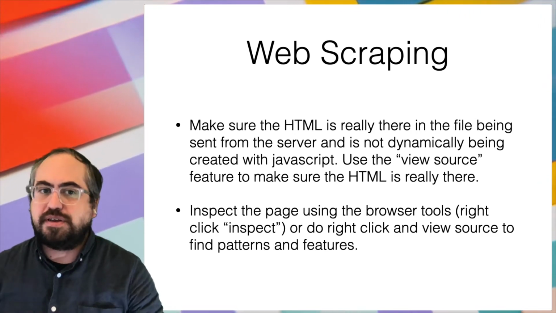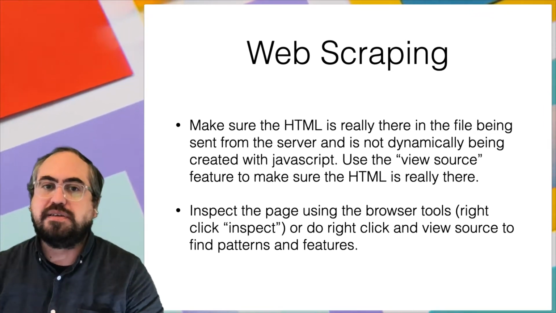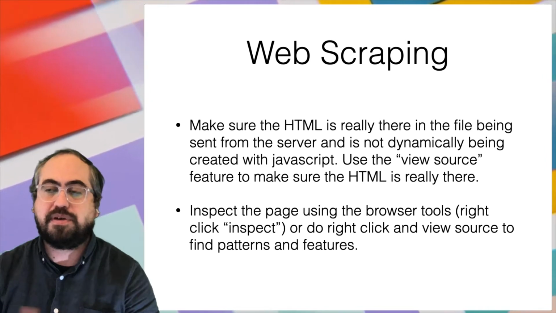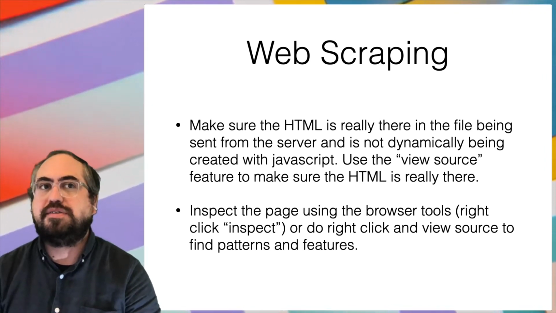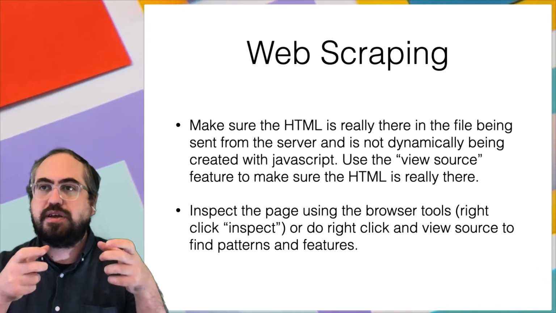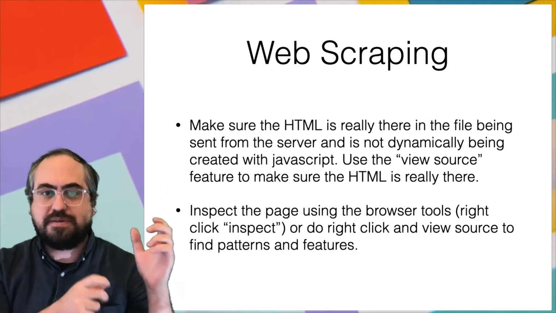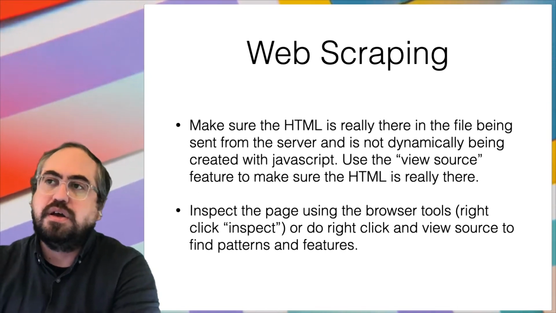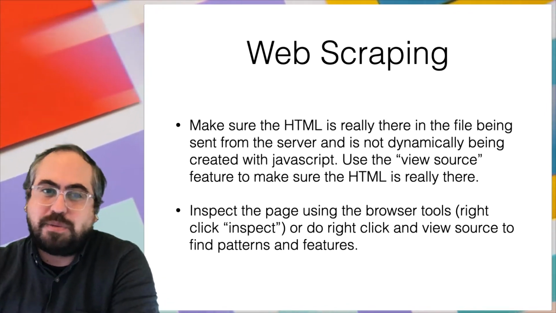So some cautionary things I would say when you get started web scraping: make sure the HTML is actually there when using this type of web scraping. When I say actually there, you can think about how a web page is formulated, right? The web server puts together an HTML document and throws it down the internet pipe to your browser. That's not necessarily how modern-day web pages work anymore.